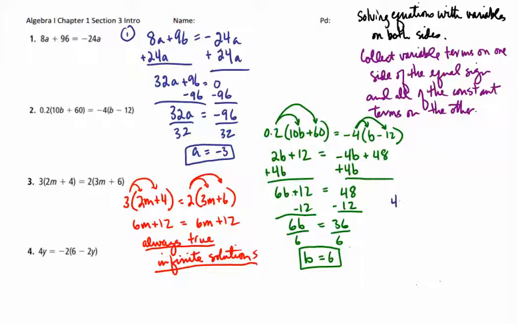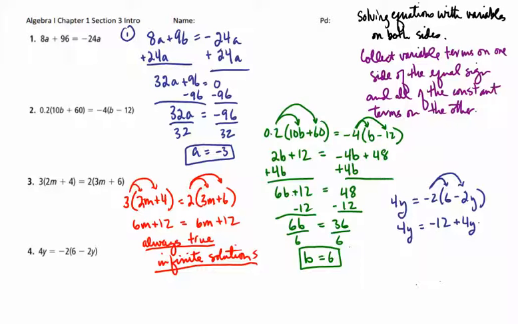I have 4y is equal to negative 2 times the quantity 6 minus 2y. Now I only have distribution on the right side, but when I distribute the negative 2, I'm going to get negative 12, and then negative 2 times negative 2y is positive 4y.